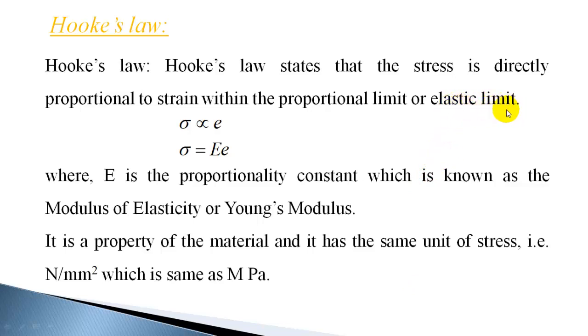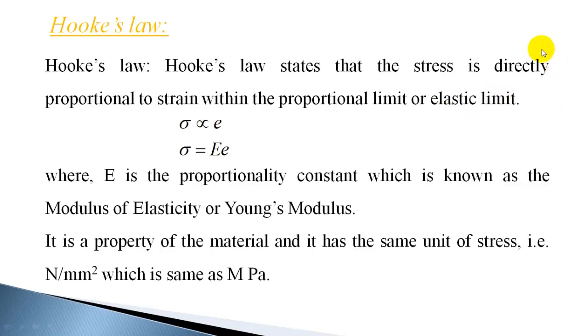Elastic limit, or proportional limit, is more or less the same point when material is loaded. Up to a certain point, on removal of load, the material will regain its original shape. This point of loading is the elastic limit. If material loading is exceeded beyond the elastic limit, the material will not regain its original shape.